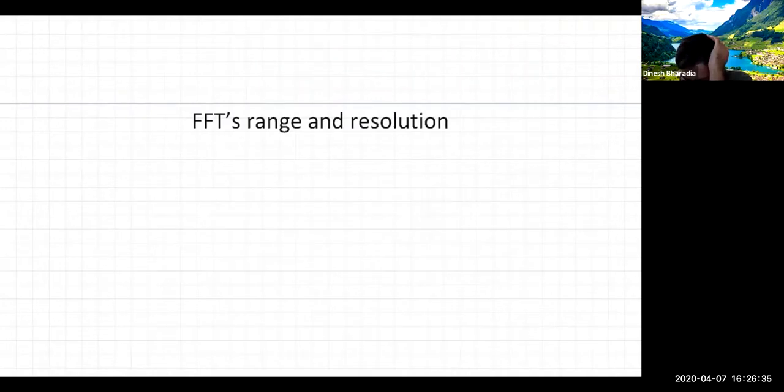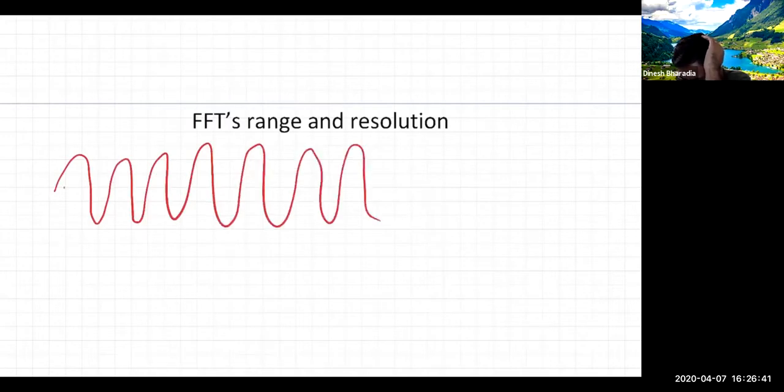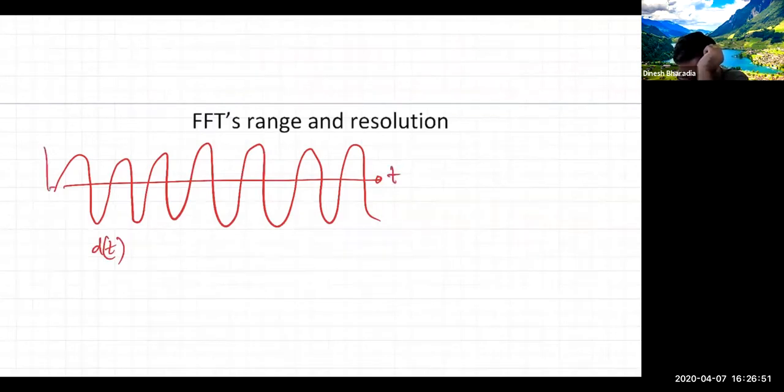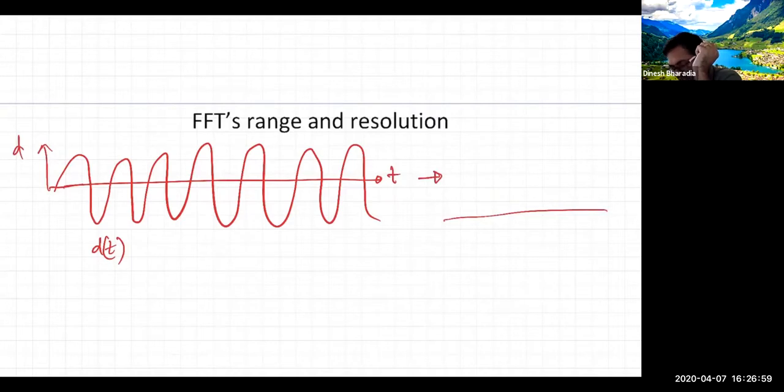What is the physical process? The physical process is D of T. T here is the time, and D is what the y-axis is. If this is continuous, then we do the Fourier transform.